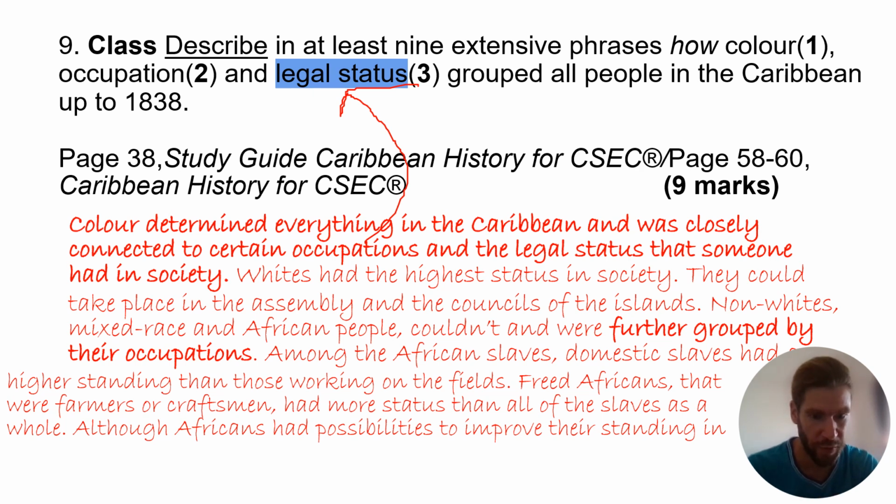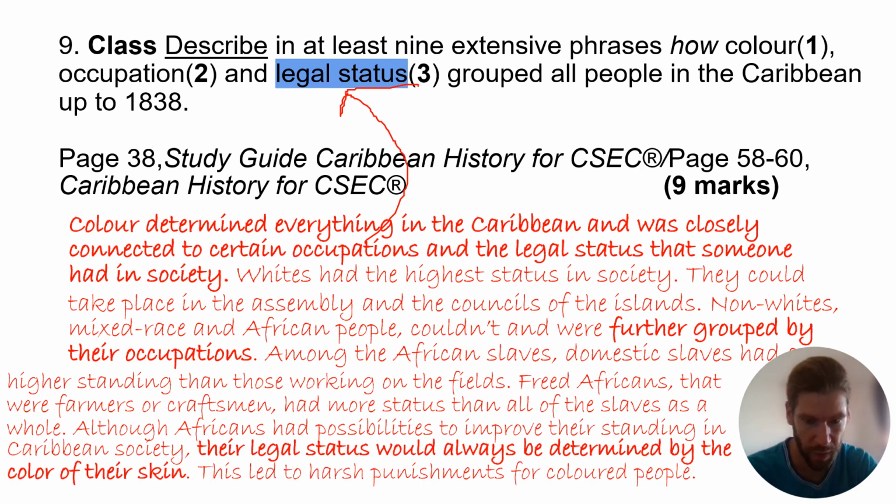Freed Africans that were farmers or craftsmen, so freed Africans that were free, that were farmers or craftsmen, had other occupations, had more status than all of the slaves as a whole. So the slaves, and you had the freed Africans.